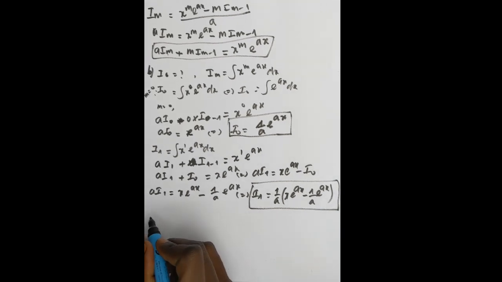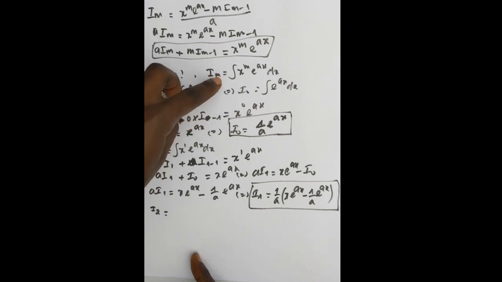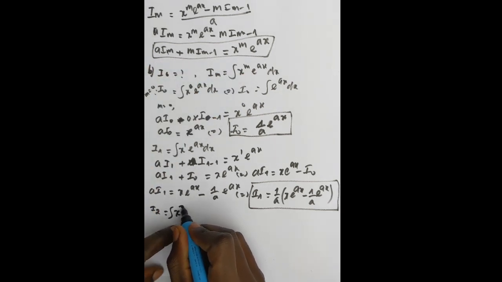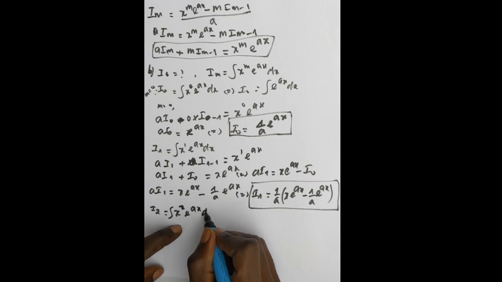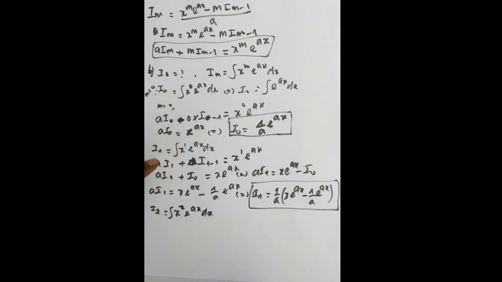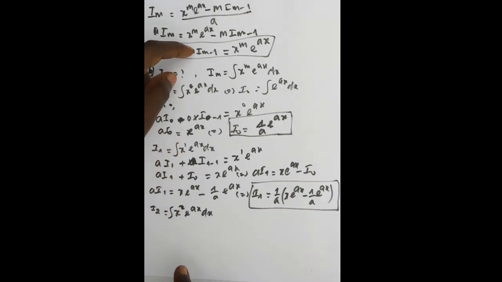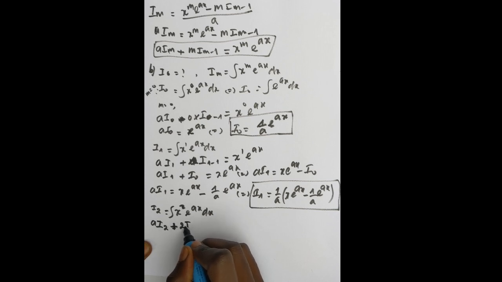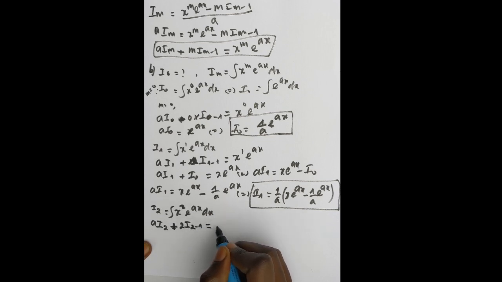So for E2, I will replace m equal to 2 here. I will get x power 2 e power ax dx. By replacing m equal to 2 in this expression, I will have a E2 plus 2E1 equal to x power 2 e power ax.